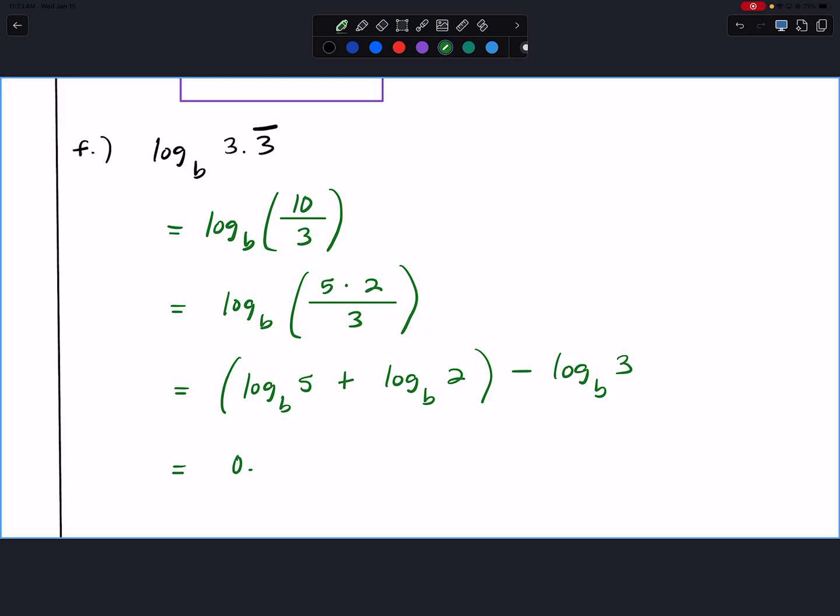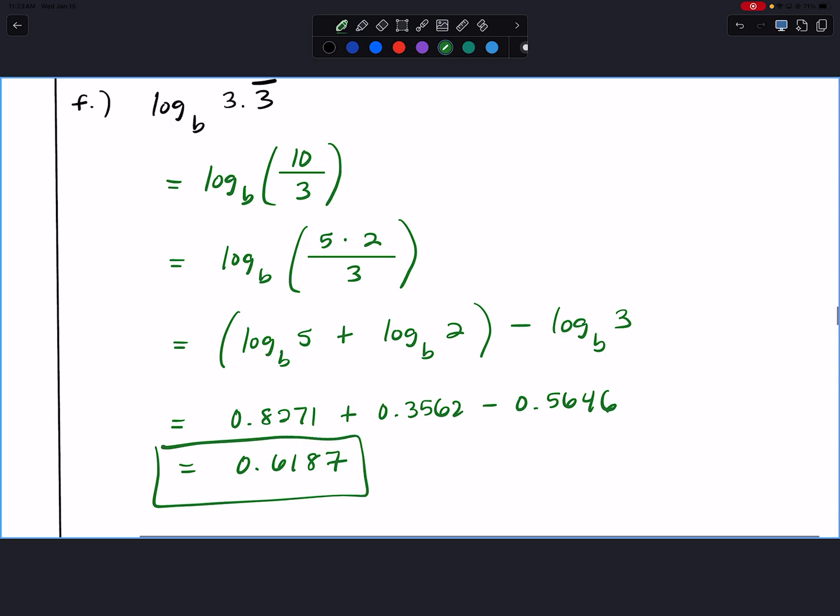So 0.8271 plus 0.3562 minus 0.5646, and that's going to give us 0.6187.